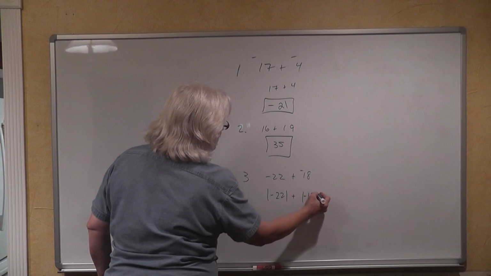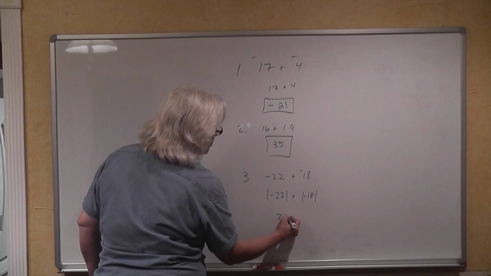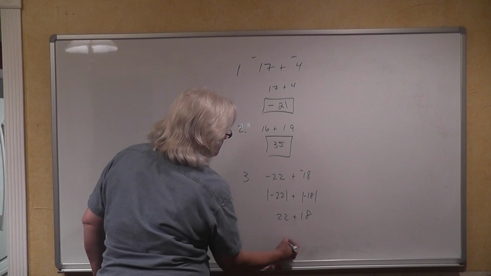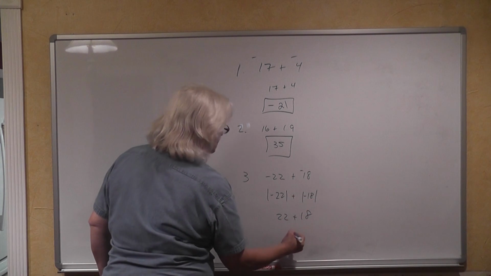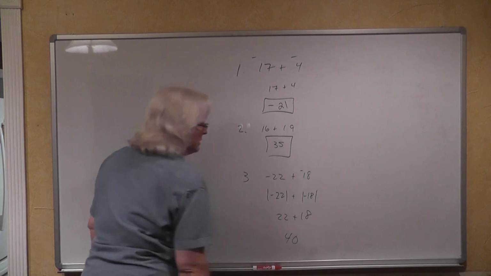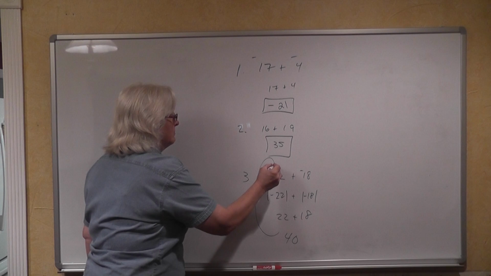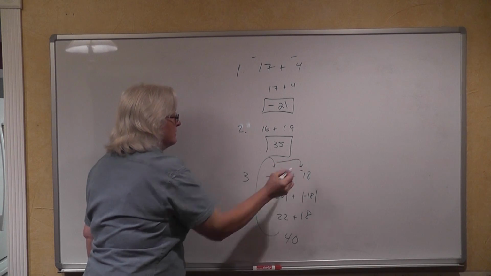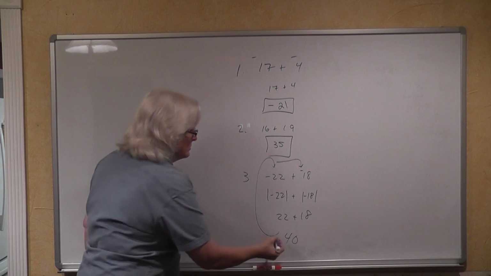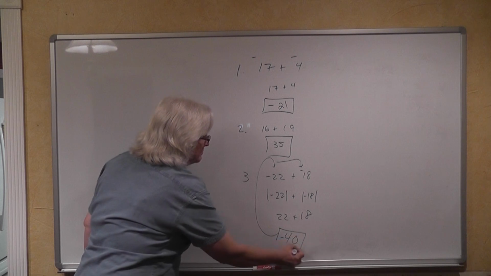Absolute value of negative 18. We have 22 plus 18, and I can add today. We have 40, but we're going to use the sign that they have in common, which is a negative 40.